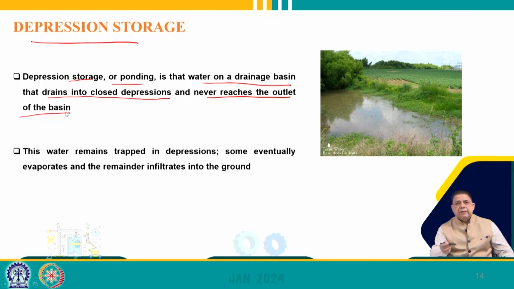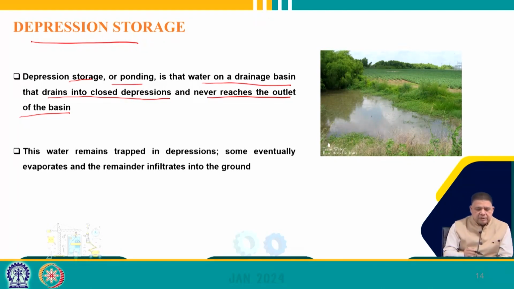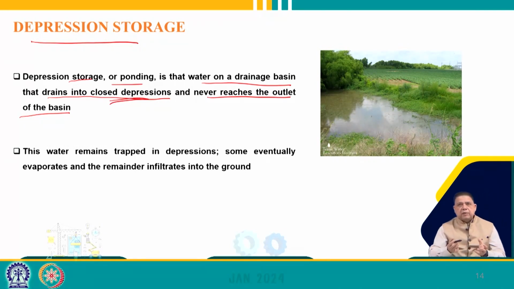If you remember the hydrological cycle picture we saw just now, when rainfall occurs, interception occurs, then infiltration, then surface runoff or overland flow starts. Once flow is taking place on the surface, if it comes across a depression, hollow or pothole, the water will be stuck there, and of course, runoff will take place after filling that pothole.